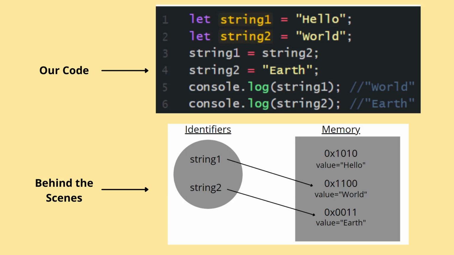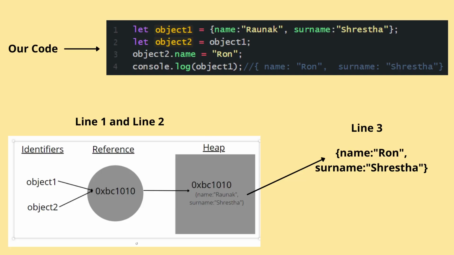So the value of string2 is earth, which is a new value, but the value of string1 is still world, as its pointer is still pointing at the same address as before. And to justify this, we can also see the result when we log their values into the console.